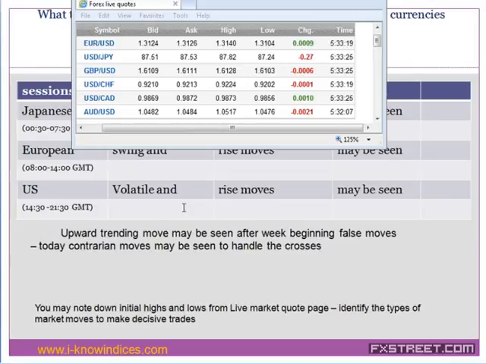What move did Euro USD make? Down initial low and then subsequently started gaining slowly during European and US session, became visible gain.